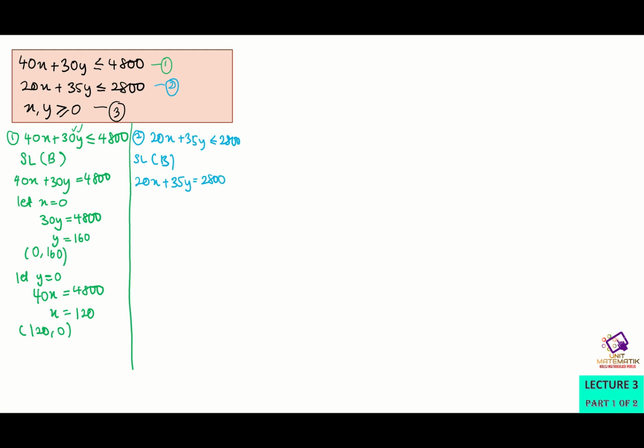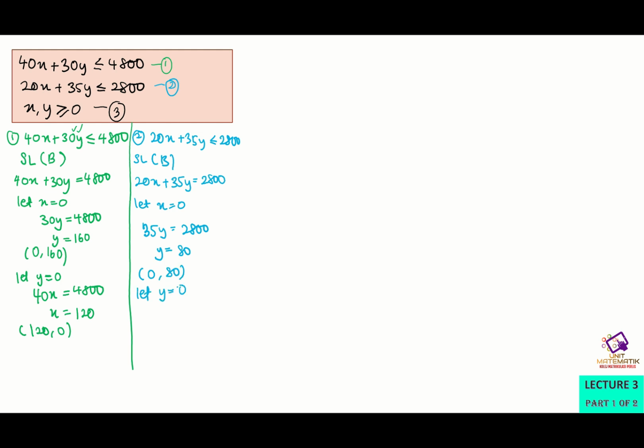Please remember all the steps that we had learned in lecture 1 and lecture 2. Okay. And then let x equals to 0. Then your y will be 80. So the first point is 0, 80.